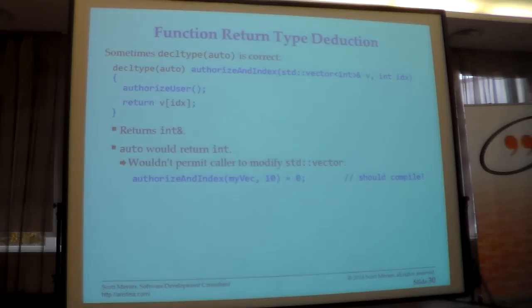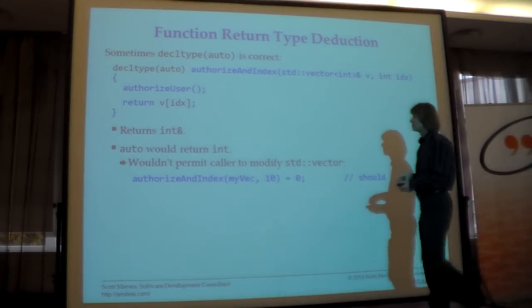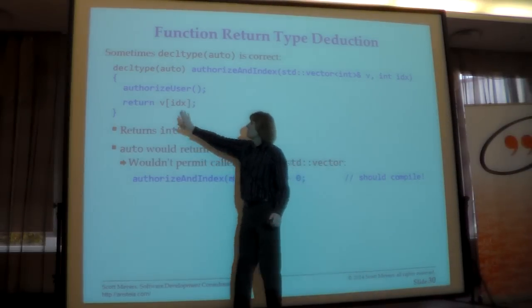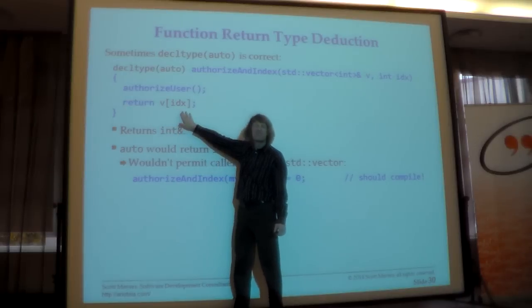This function is doing the same thing as an indexing operation on a vector, except it's performing access control. Which means whatever the vector indexing operation returns is what this function should return. This is going to return whatever v sub idx returns.